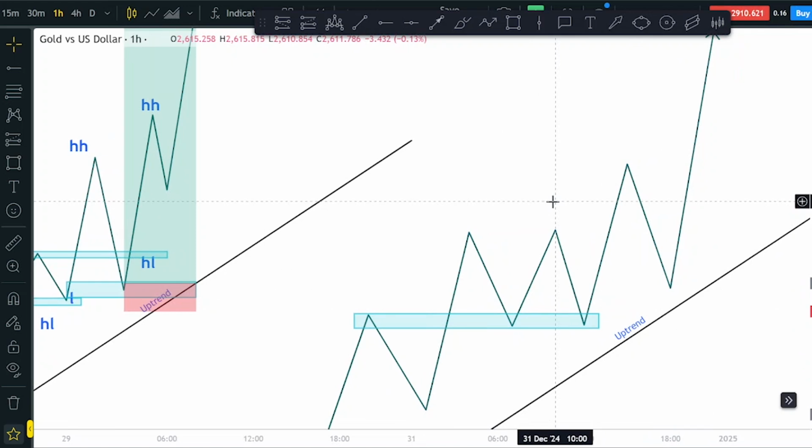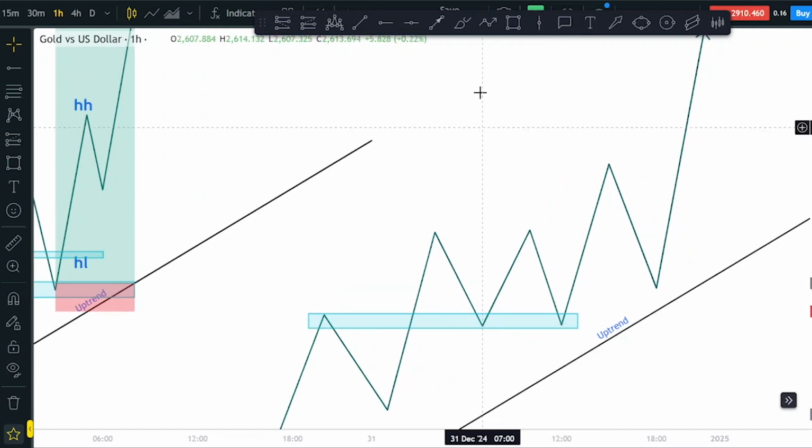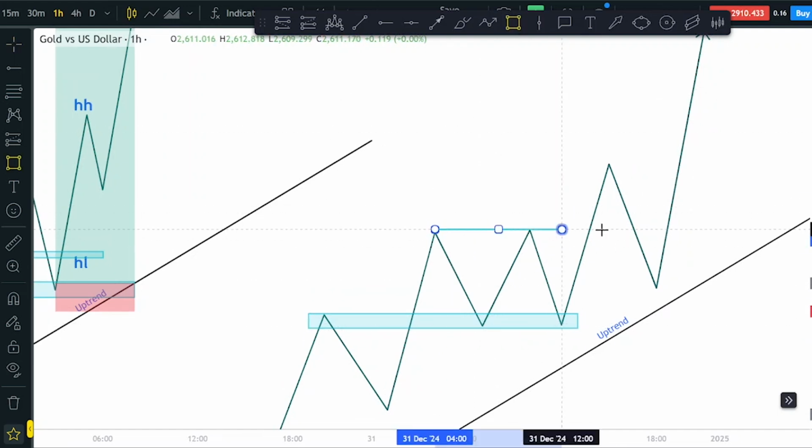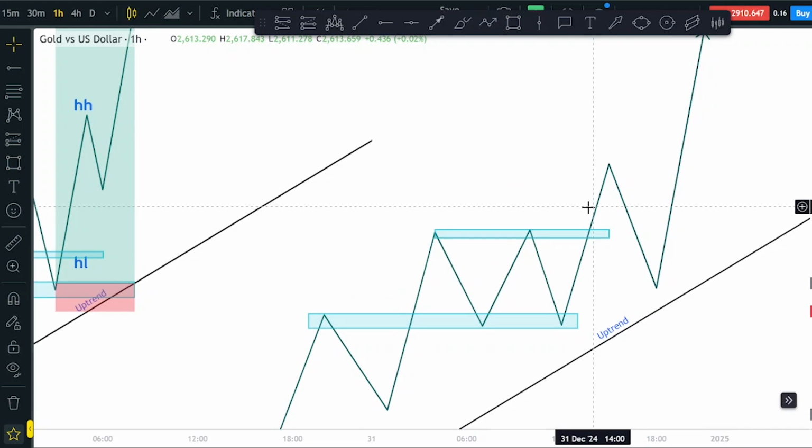We have equal lows and we even have an equal high. Sometimes, for someone who understands chart patterns in the trend continuation, we can even get the formation of a rectangle. So this time this formation will be a double bottom.